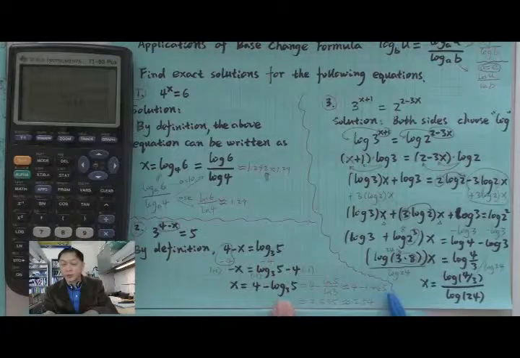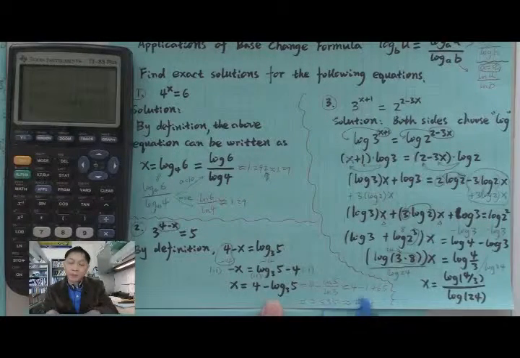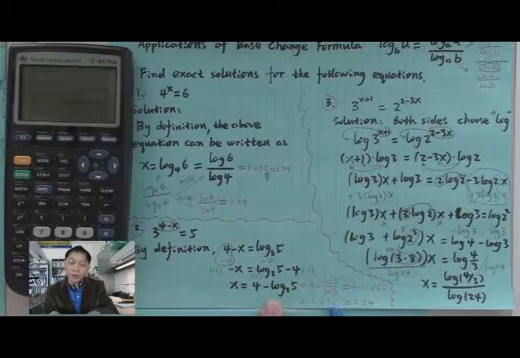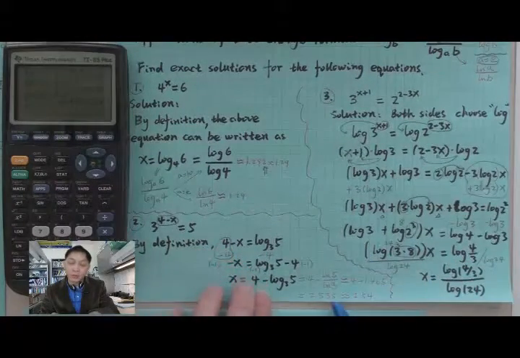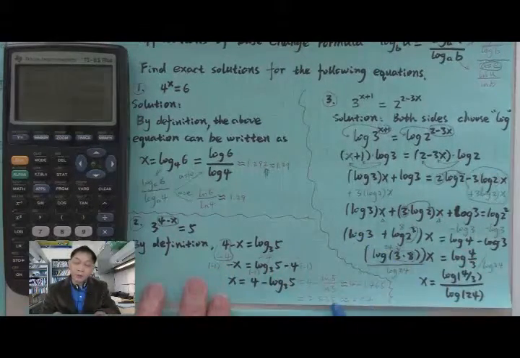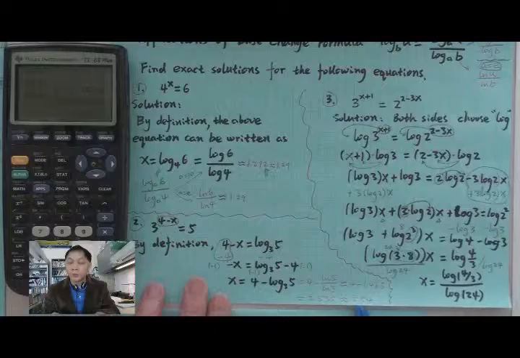Then 4 minus 1.465 equals 2.535, and approximately it's 2.54 because you round this 5 up. If it is 5 or greater, you round it up, so 2.54.